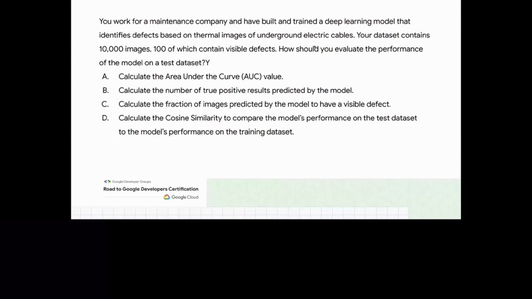Calculate the area under the curve AUC value, calculate the number of true positive results predicted by the model, calculate the fraction of images predicted by the model to have a visible defect, or calculate the cosine similarity to compare the model's performance on the test dataset to the model's performance on the training dataset.